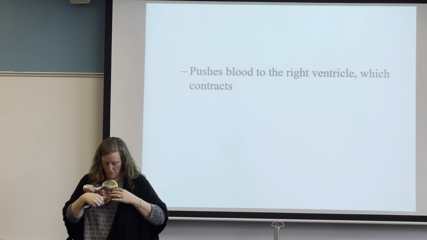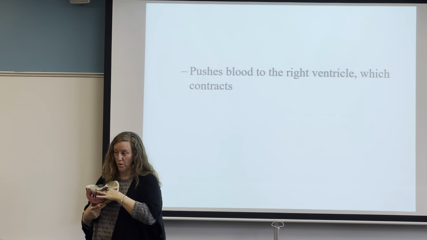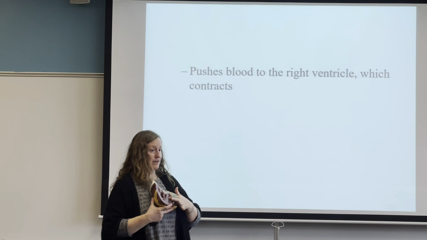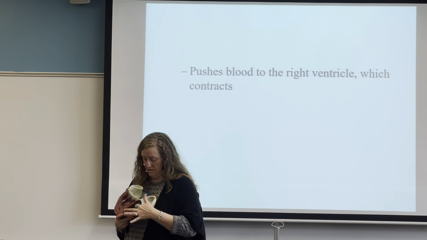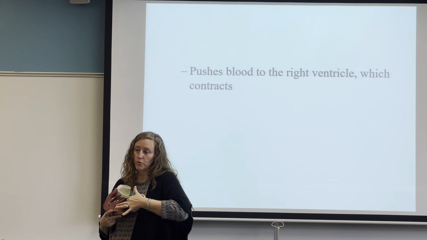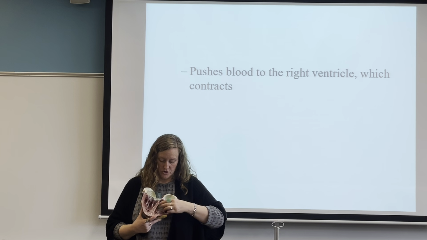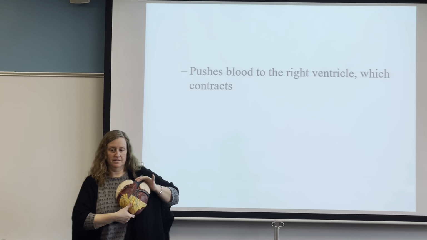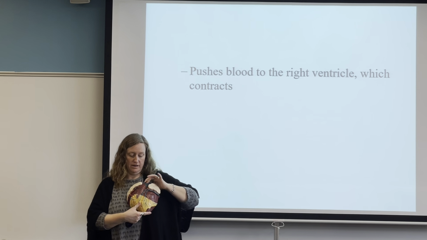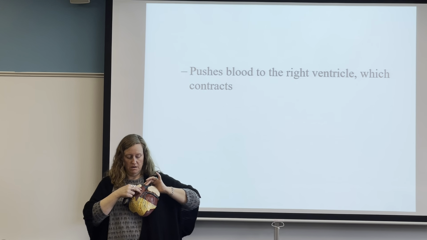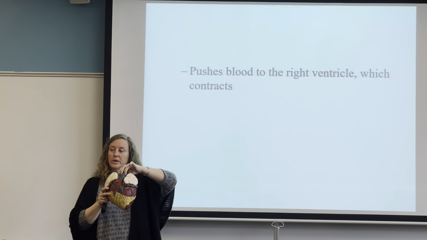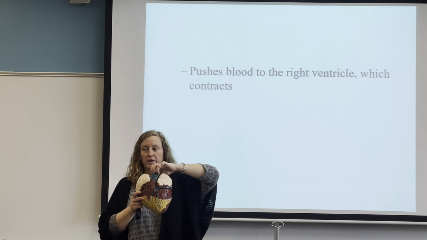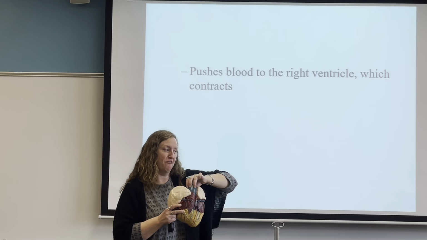Inside the right ventricle you've got this opening, and inside here a valve called the semilunar valve. It contracts and pushes the blood from the right side of the heart to the pulmonary artery, a blue artery that carries deoxygenated blood away from the body to the lungs.